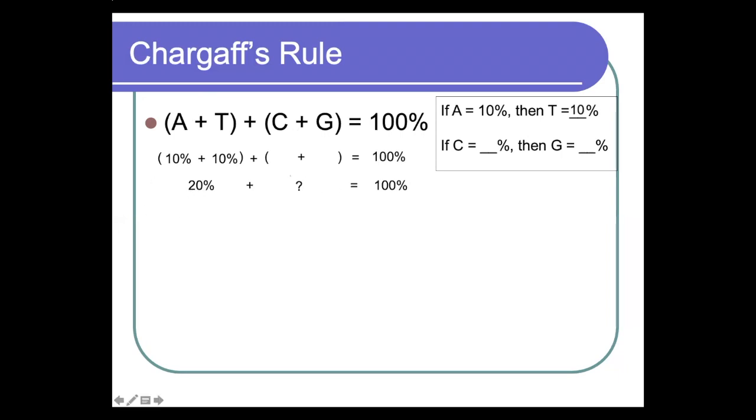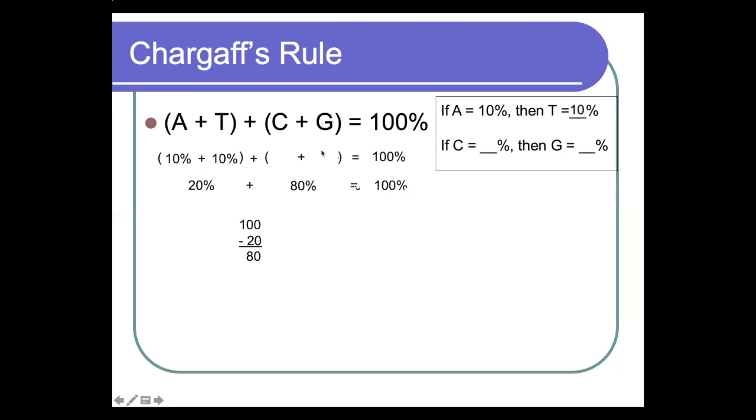20% plus something equals 100%. Oh my goodness, that is some hard math. 100% minus the 20 we know about. What's left? 80%. Easy, easy math, guys. All right? So 20 plus 80 equals 100%. Yay! But we weren't looking for that 80, right? This is C and G together. We want them separate.